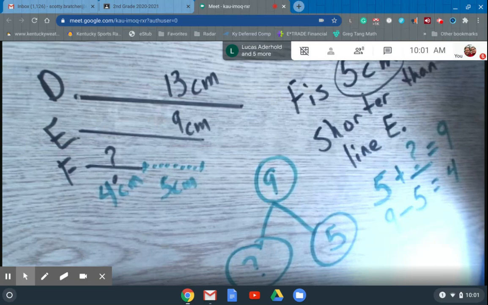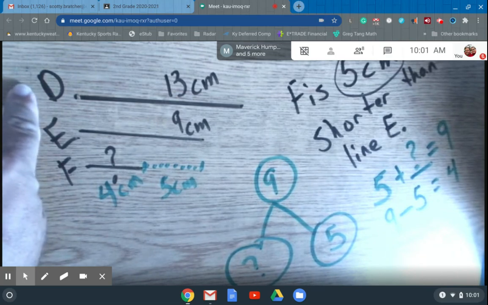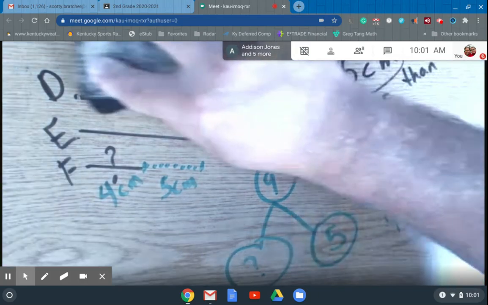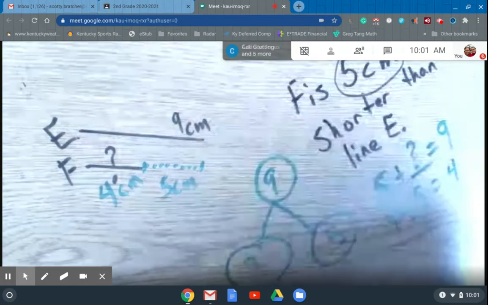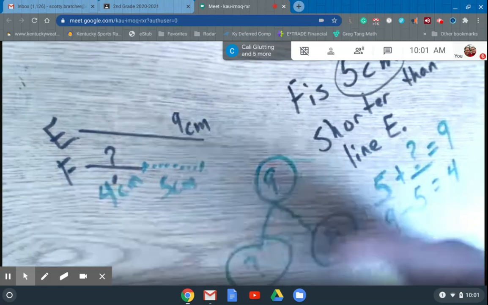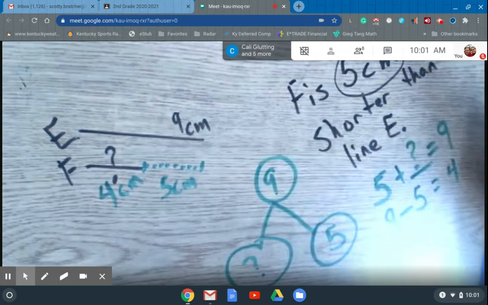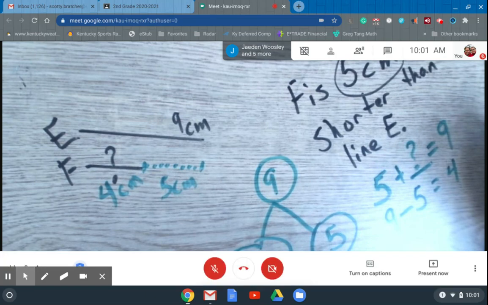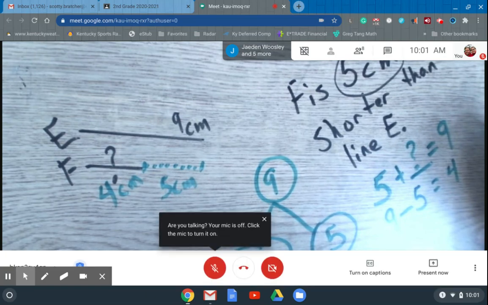Now I'm going to go back to Maverick and Lucas. I'm done with this problem. Did I need line D? I didn't need it. If I erase it right now, did I erase anything that I needed? No. Okay? Why in the world would I have put line D there? Because sometimes in math, there's extra information that you don't need.